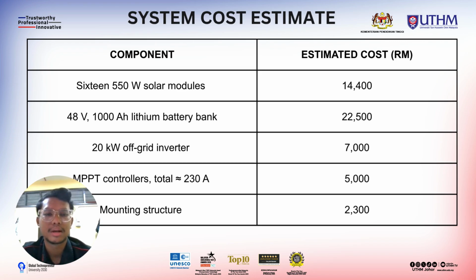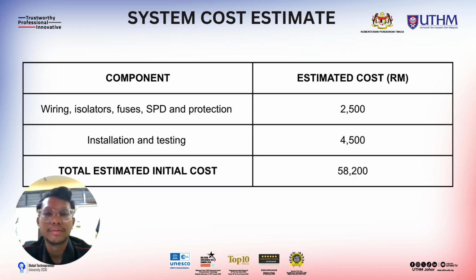For mounting structure, 2,300. For component wiring, insulator, fuse, SPD and protection, the cost estimate is 2,500 ringgit. For installation and testing, the cost is 4,500 ringgit, and the estimated total is 58,200 ringgit.